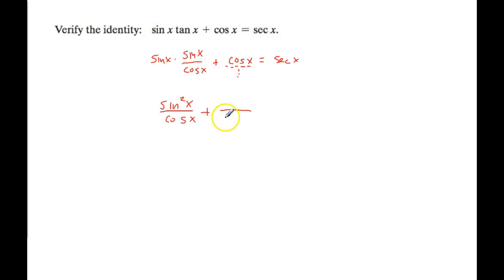So to get a cosine for the denominator, I had to multiply the 1 by cosine, so I have to multiply the top by that, so that'll give me a cosine squared. Alright, and then if I add these together with the common denominator, I'd have sine squared plus cosine squared over cosine equals secant, and hopefully you can see what I'm going to do next.